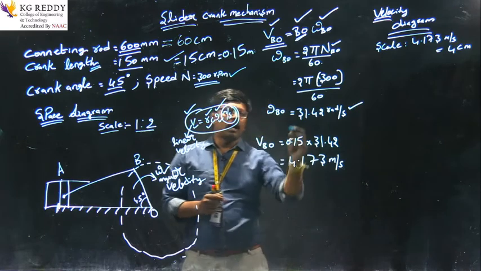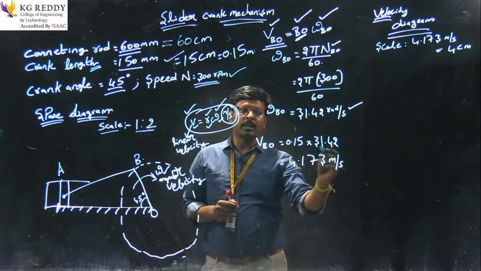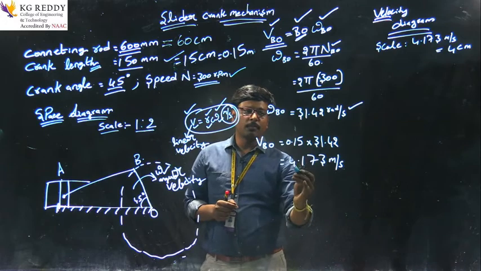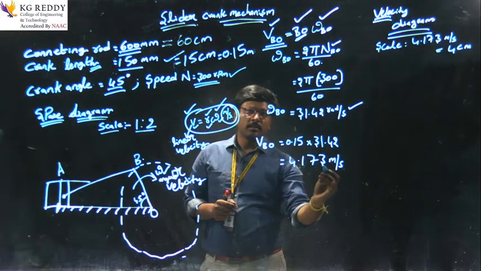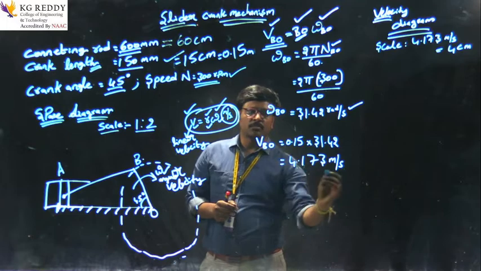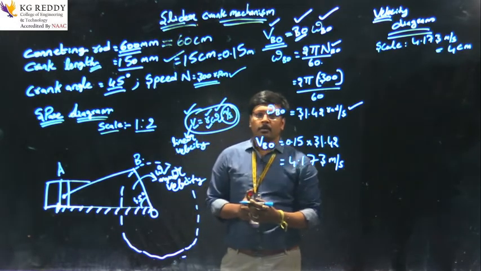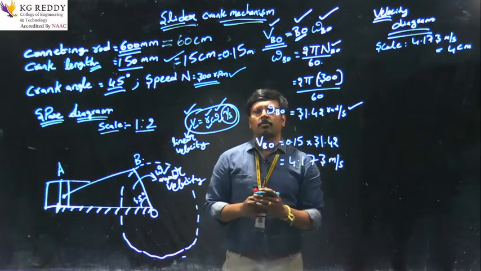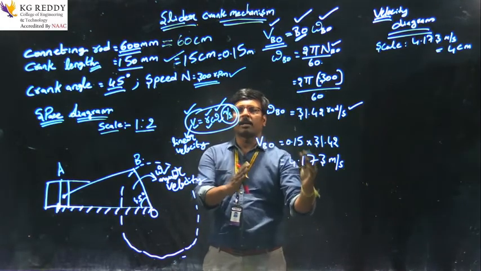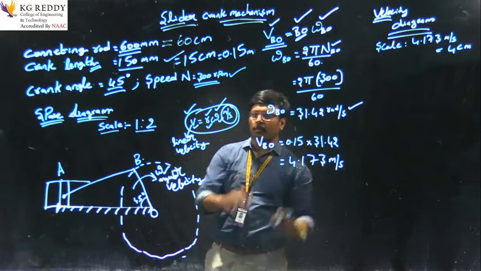I substitute 0.15 into 31.42 and we get 4.173 meter per second. This is the velocity of B with respect to O. This is how, with the use of the formula, we get the velocity of B with respect to O.